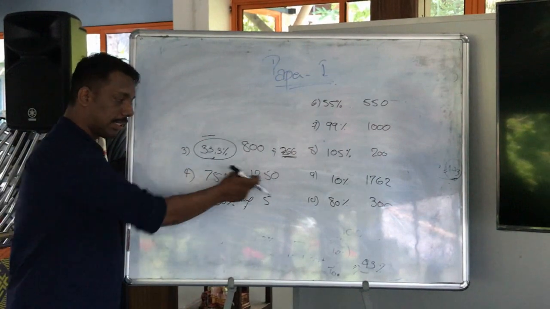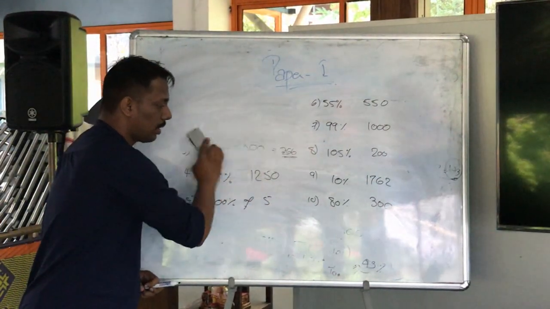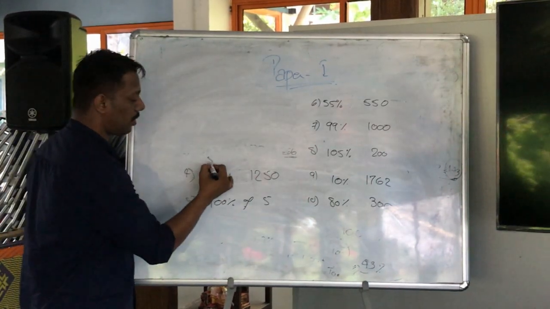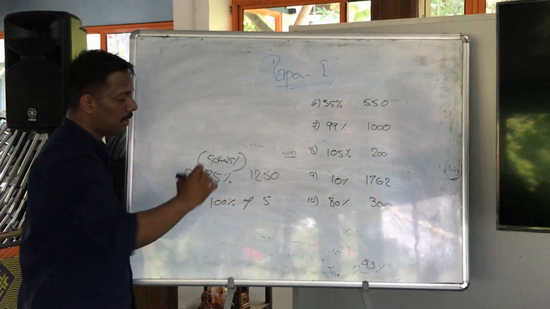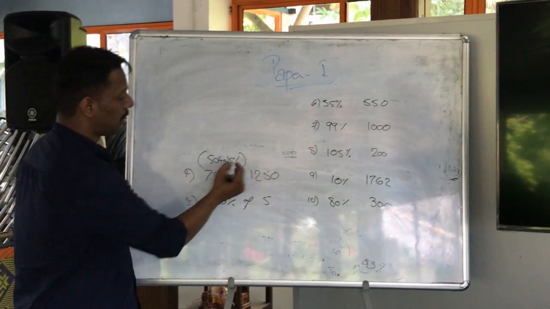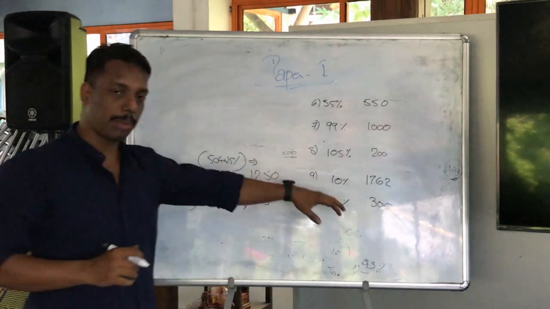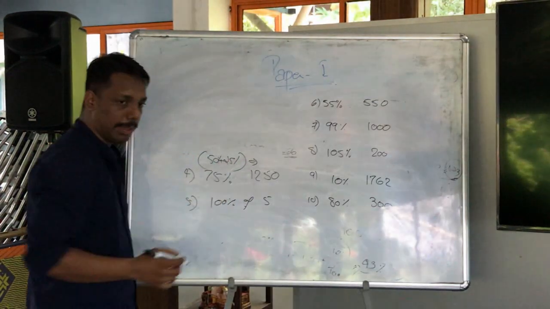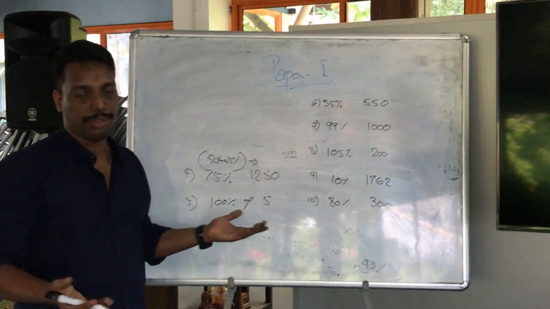Now what is 75% of 1250? 75% is nothing but 50 plus 25. While moving to the last problems, you have to speed up your mathematical solving ability, right? 75% is nothing but 50 plus 25.